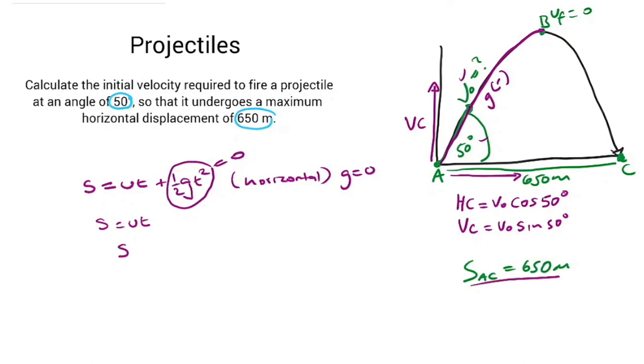So SAC is equal to the velocity times the time taken from A to C, which is 650.